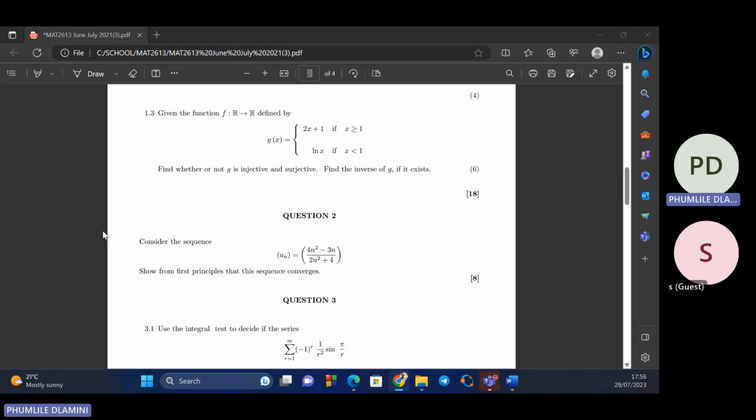Okay. When we show from first principles that this sequence converges, you must remember that you use the limit.